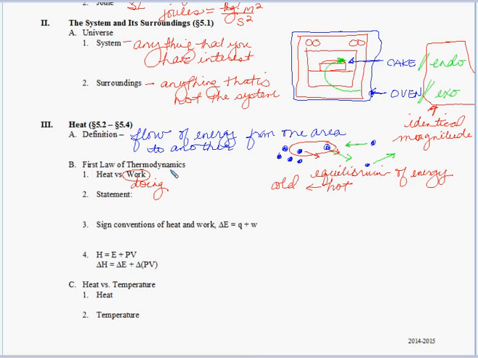So gravity is included in work. Work is everything opposite to heat. So heat is its own category in the area of energy. Work is every other type of energy that might be available.